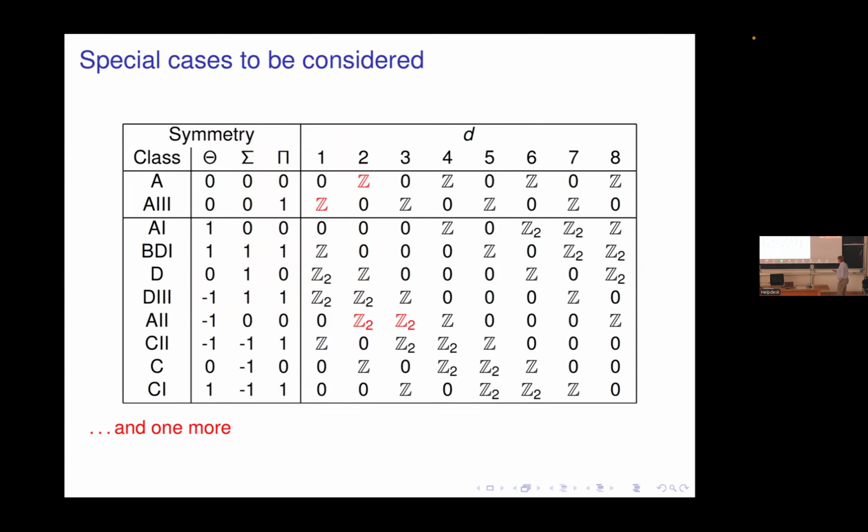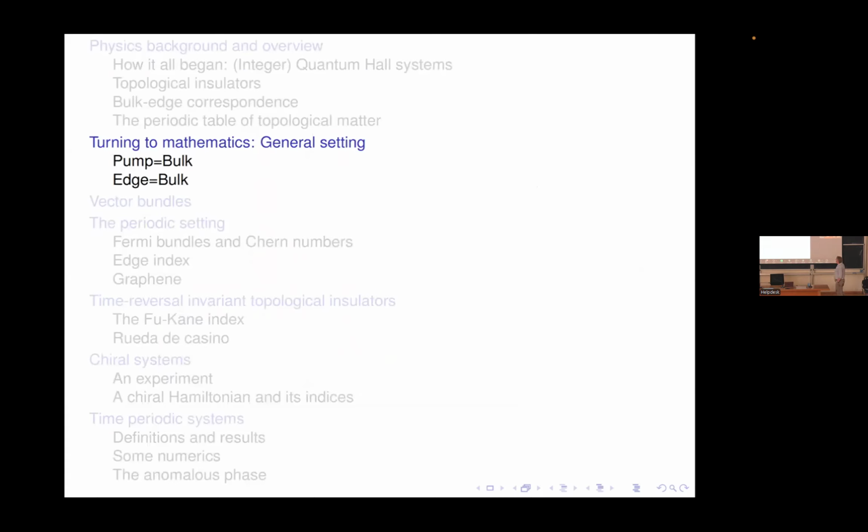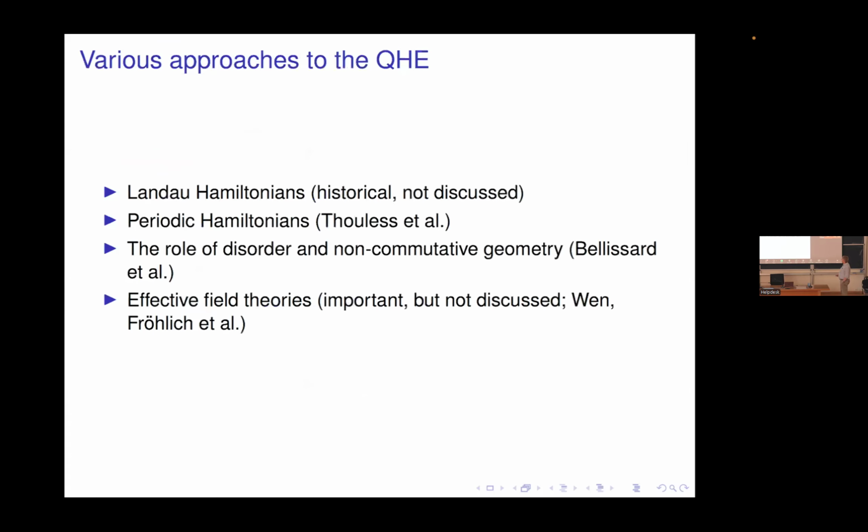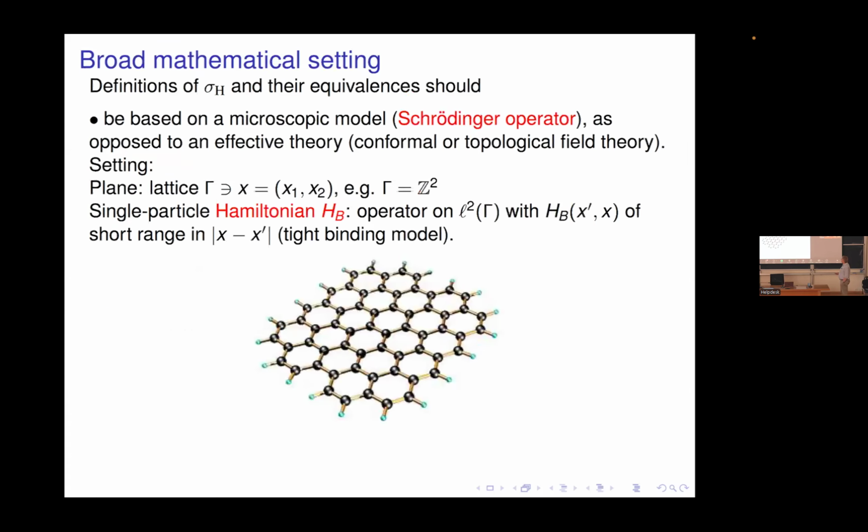Okay, but first things first, let's turn back to the quantum Hall effect and go towards mathematics. We saw already a few things, so that we want to look at single particle operators on the lattice, typically on C2, and you can hop from one site x to a nearby site x prime.